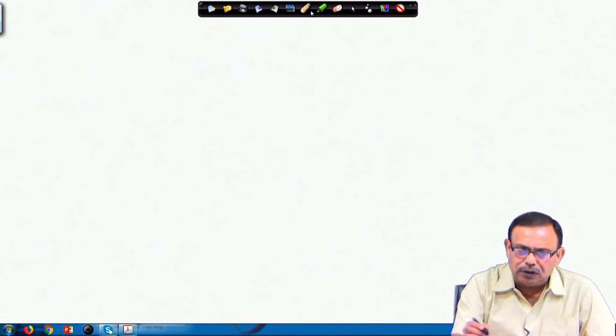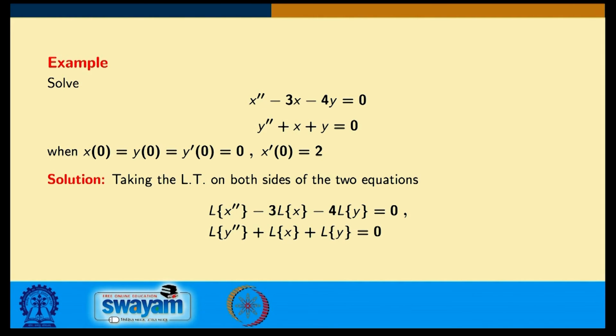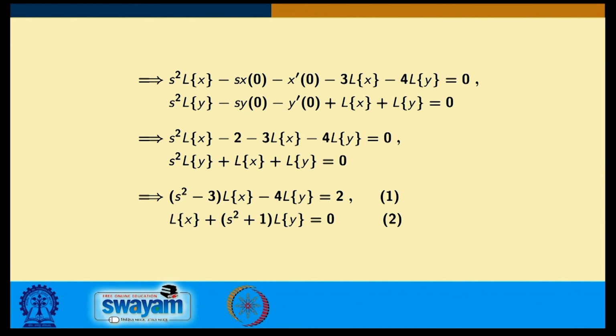Just quickly let us see this one. You take the Laplace transform on both sides of the given equation. Once I have done this, then using the normal process, I get equation 1 and equation 2, which are functions of the Laplace transform of x and Laplace transform of y.